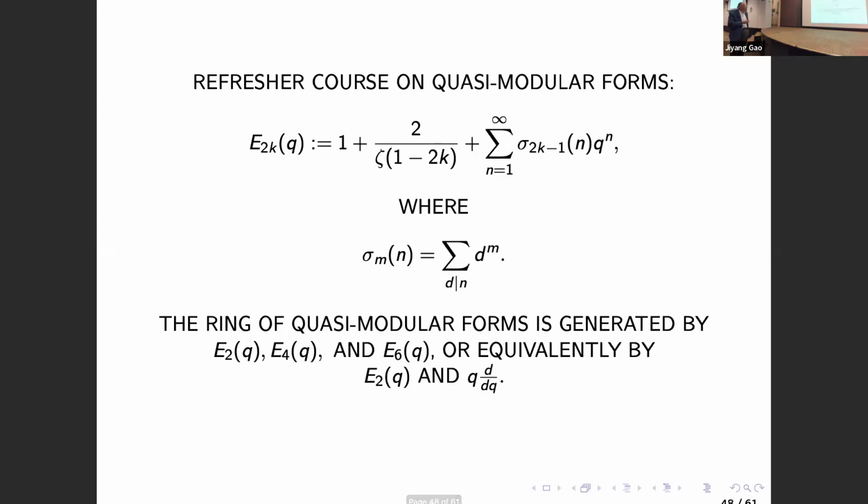So let me give you a one-page refresher course on quasi-modular forms. Basically, you're looking at these divisor sums raised to powers. So sigma m of n is the sum of the mth powers of the divisors of n. And basically, the E functions are defined in the way that you see here, except that this should be multiplication, it's not addition.